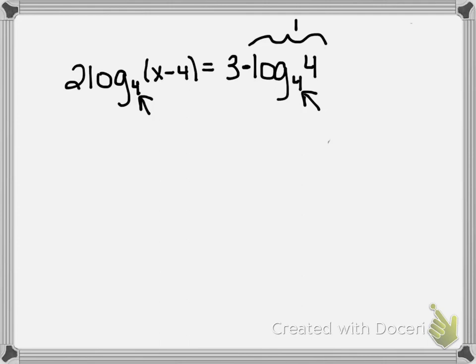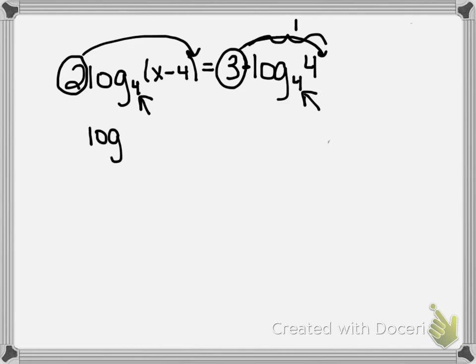So if I did that, over here on the left side, I would take my 2 and move it back up to the exponent where it came from. Over here on the right side, I would need to do the same thing. I have a 3 in front of this log, so I would need to move it back up to the exponent where it came from. That would give me log base 4 of (x minus 4) squared on the left side.